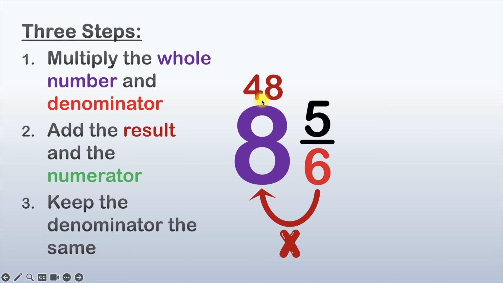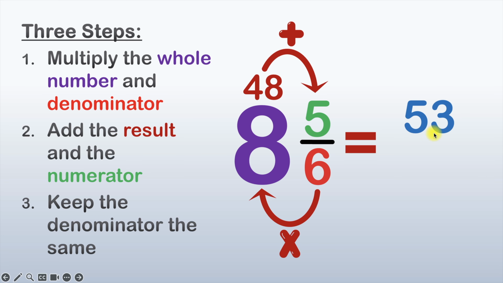Now we can go to step 2, which is to add this result with the numerator. And the numerator is the number 5. So when we add 48 plus 5, that equals 53. And finally, step 3 is to keep the denominator exactly the same.